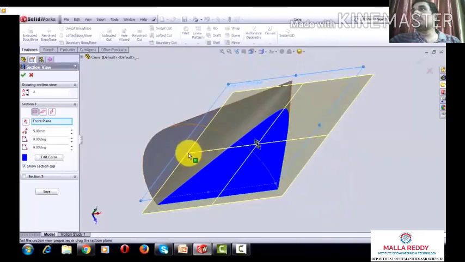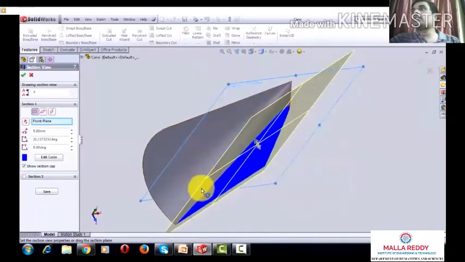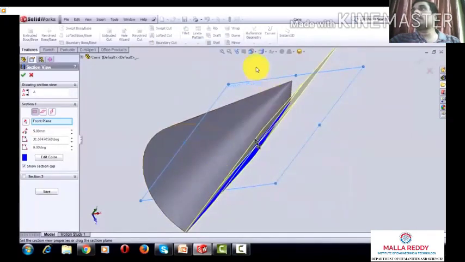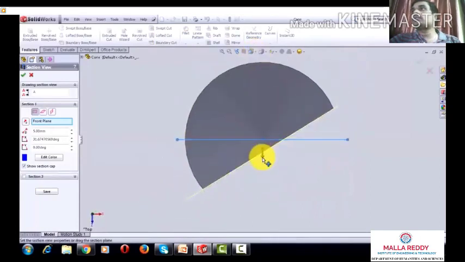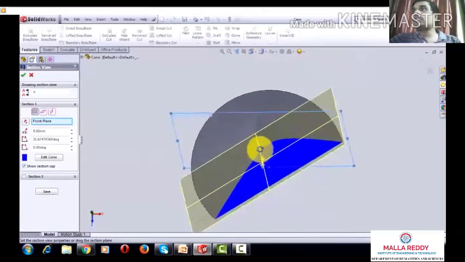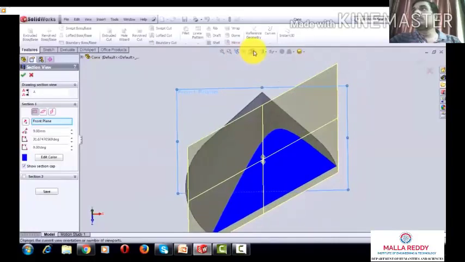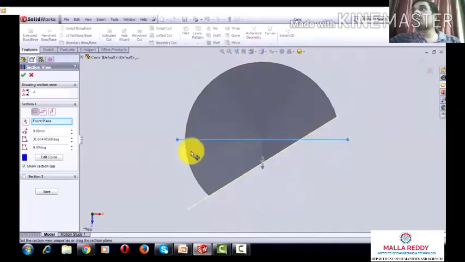The section plane is now parallel to the axis, but it should be inclined at 45 degrees, so this 45 degree inclination will be shown now. The distance from the axis is 10 mm. This is the top view after the section plane, where the full circle is cut.